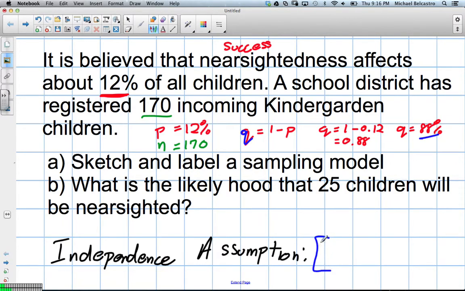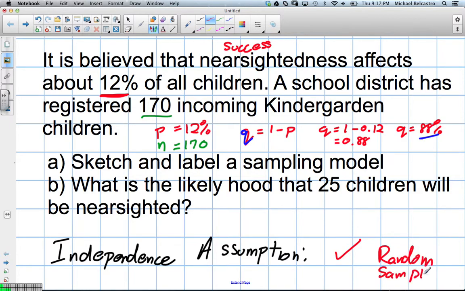Well, if we're taking a population of that, obviously all the kids are going to be nearsighted. So that wouldn't be independent. But we're just assuming this is a normal public school. So yeah, we can assume that the independence assumption is correct. We can check for it. So we assume that this is a random draw. This is a random sample. That's acceptable for our study.